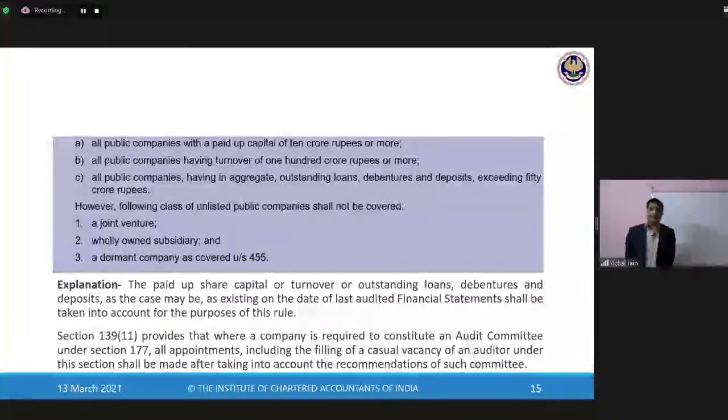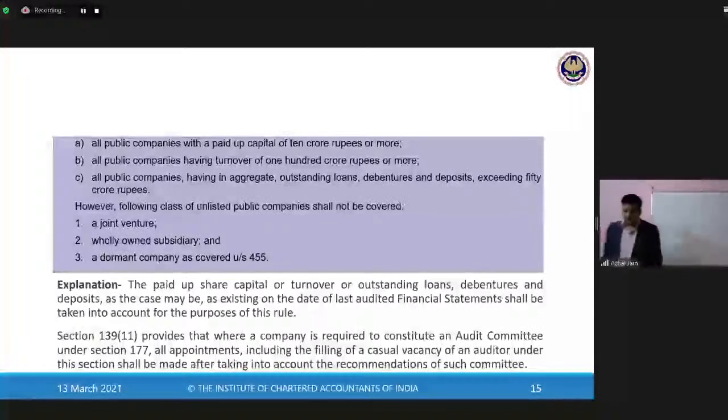Means any of these companies will be required to have an audit committee in place. Now, the paid up share capital, turnover, or the outstanding loans, debentures, deposits need to be looked at as on the date of the last audited financial statements. So that's the criteria one has to follow in terms of its assessment.